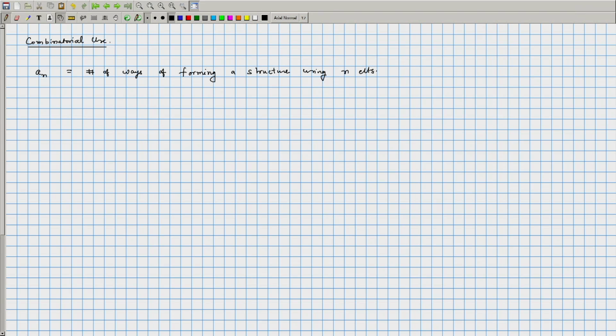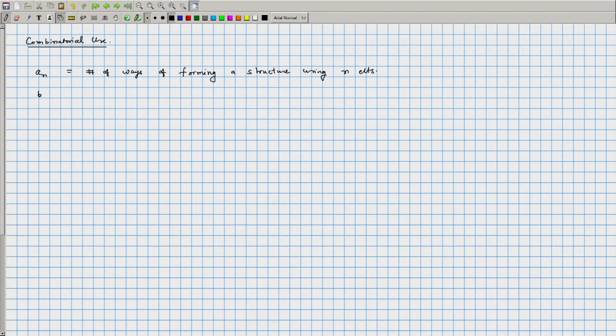These n could be the letters, say 10 letters or n letters of some particular alphabet, and you want to look at words which can be formed without containing, let us say, a certain pattern.